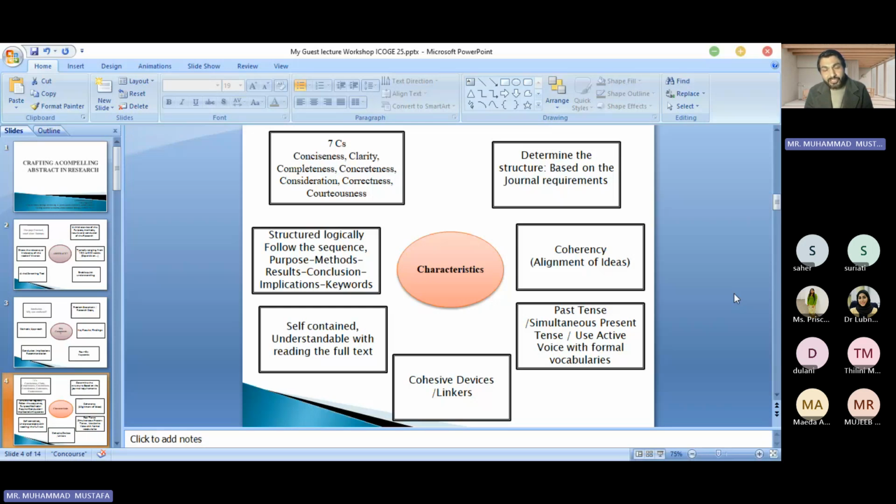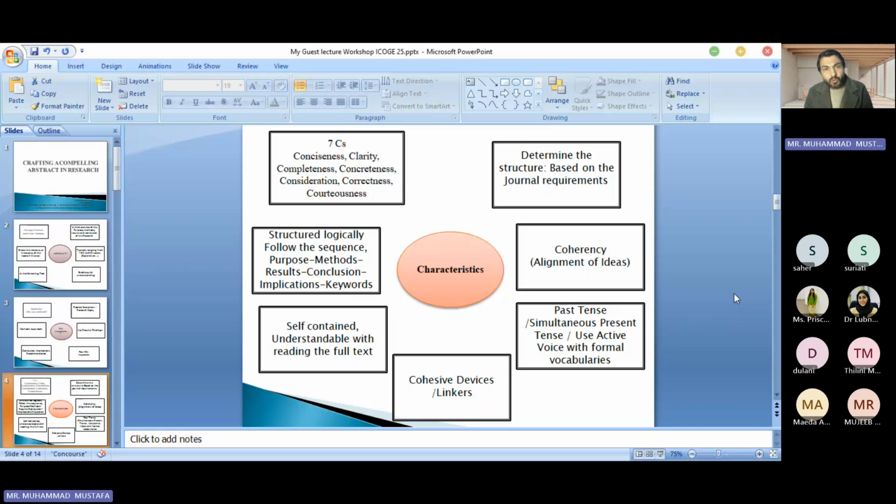After that, consideration means to give value to and consider the readers. What is the demand of the readers? For instance, if my subject is mathematics or linguistics, I should consider the readers and give them respect as well, using courteous terms.